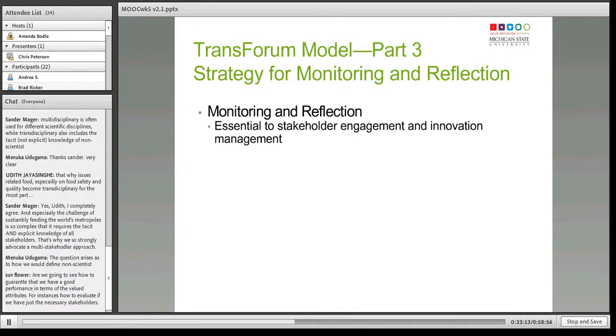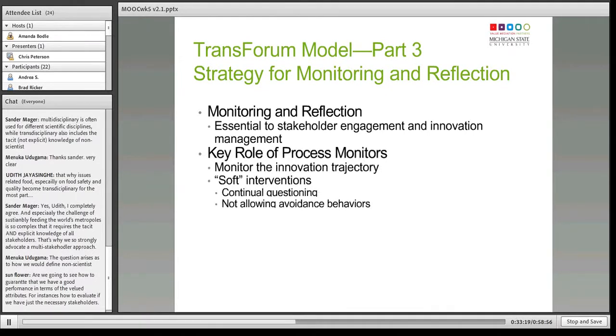And there came to be a very key role within each of the practice projects for what came to be called a process monitor. Someone who was assigned to the project with the explicit role of monitoring the innovation trajectory of the project, and to, in a soft way, intervene in the project to continually ask questions about, are we really pursuing the 3 Ps?